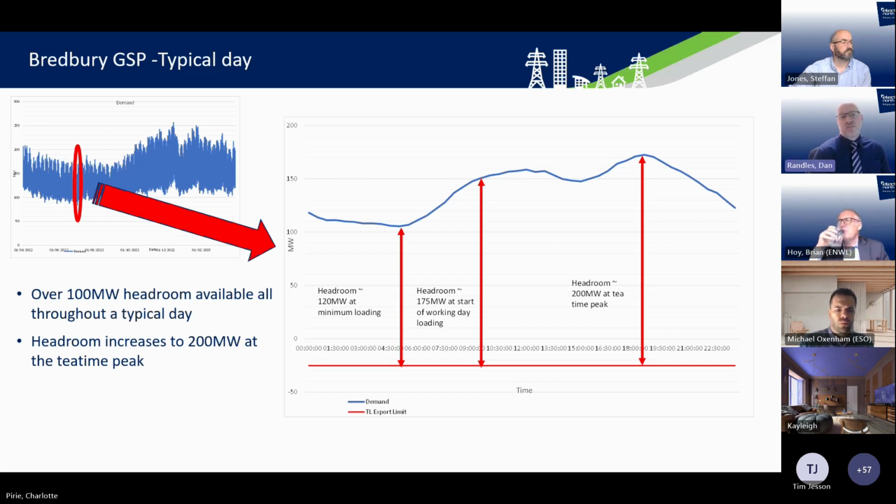You can see that even during that period, within that 24-hour cycle, there's quite a sizable change in the amount of headroom that's available, usually a 100 megawatt change in headroom. So that gives perhaps a sense of the level of opportunity that is available here for customers that are in Part 4.